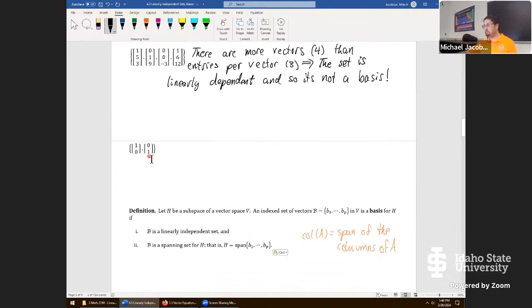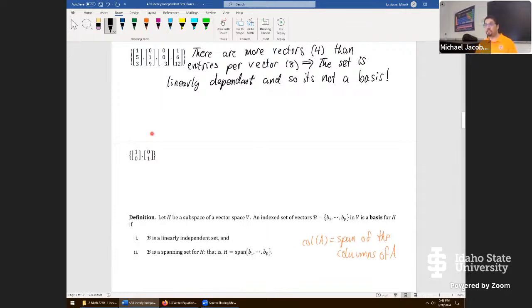The trouble here is, well, this is not even a set contained within R3. And so the question is just not well defined for this. Let's say not a basis, since the set is in R2, not R3. So watch out for that one.